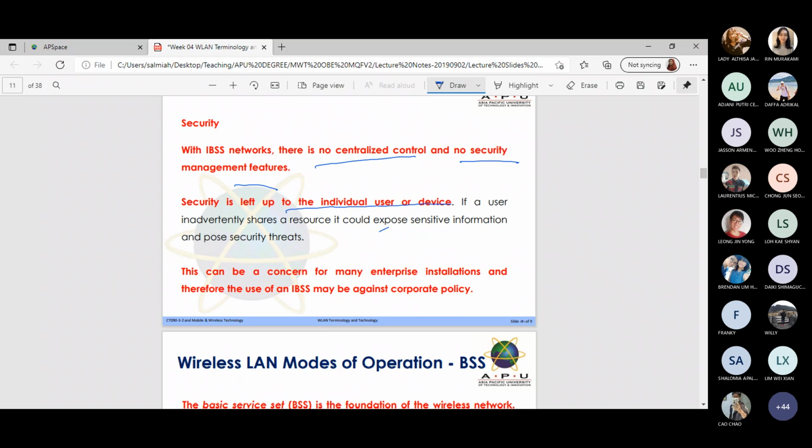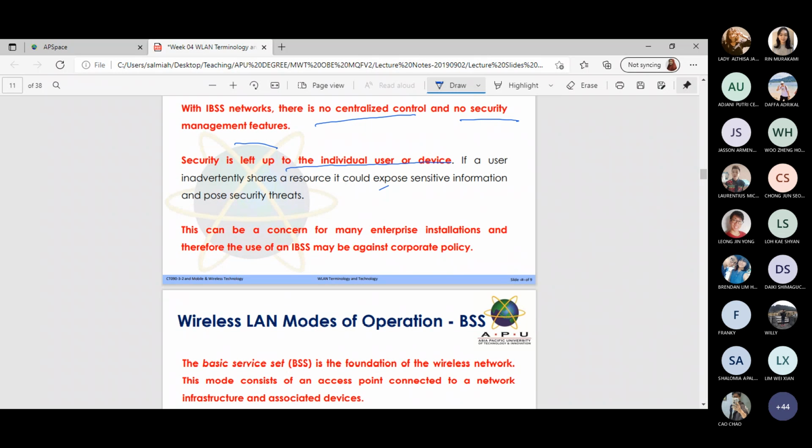So that's the reason why in certain organizations, IBSS is not allowed. Some companies have a security policy that says ad hoc is not allowed. In APU, we need to check our student handbook and our security settings. Is it allowed for us to share files using Bluetooth or peer-to-peer or not?